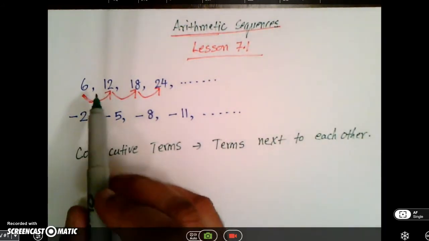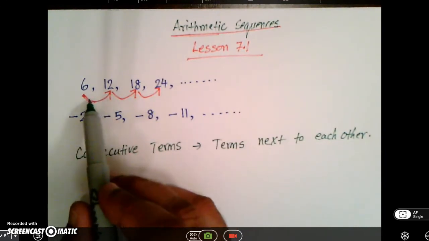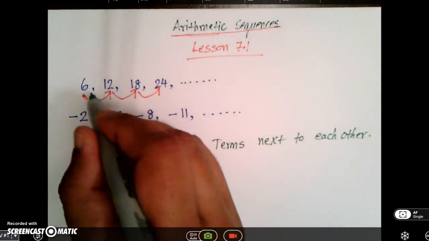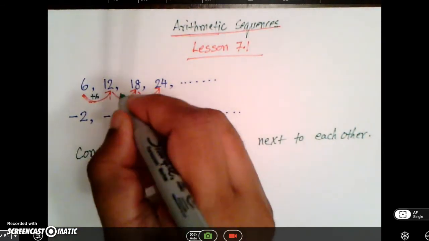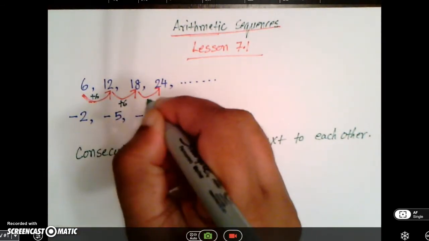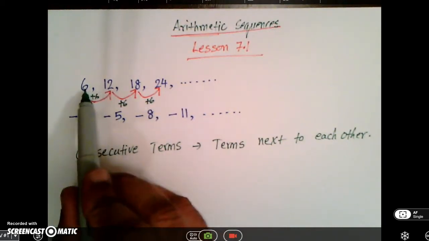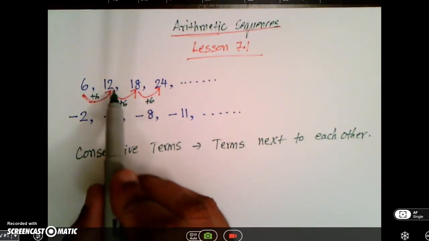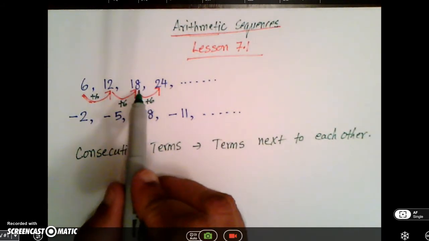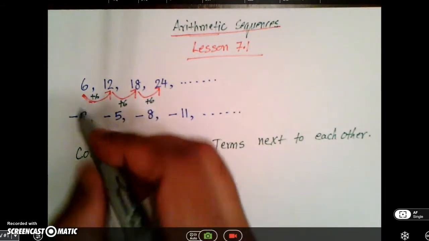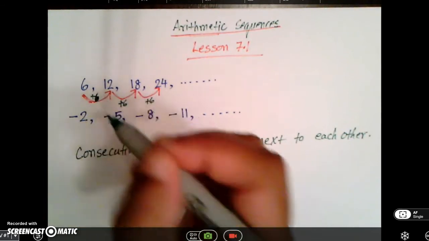If I look at the consecutive terms, the pattern that I see is I'm adding a 6, adding a 6, adding a 6. The two consecutive terms 6 and 12, 12 and 18, 18 and 24, they all have the same pattern.